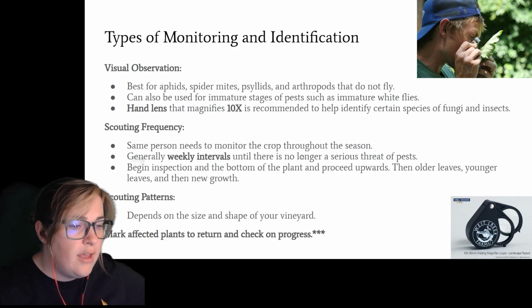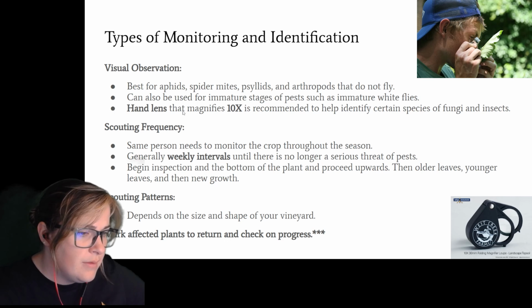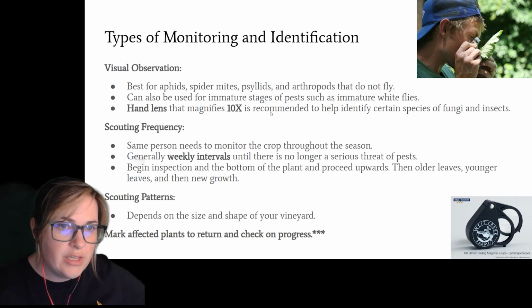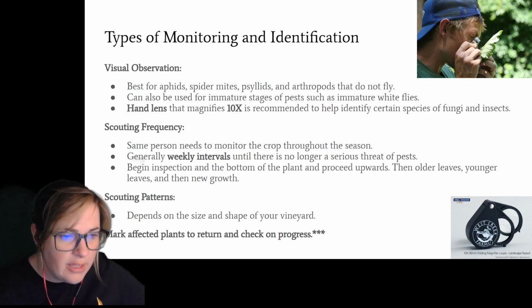Cool. Visual observation is the first step in observation, right? So having a hand lens is important. I would probably sneak in a tricky question here. I could see myself asking if visual observation worked best for, and I could name something that flies.